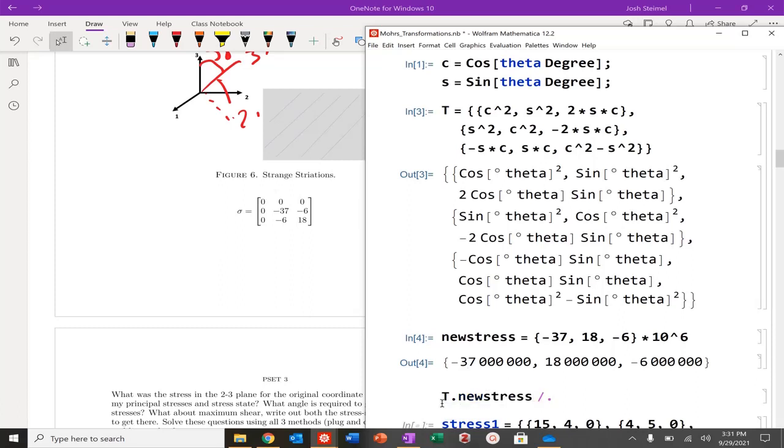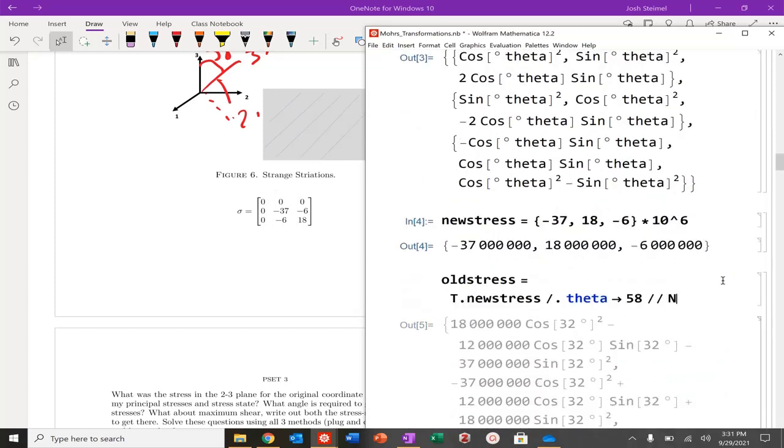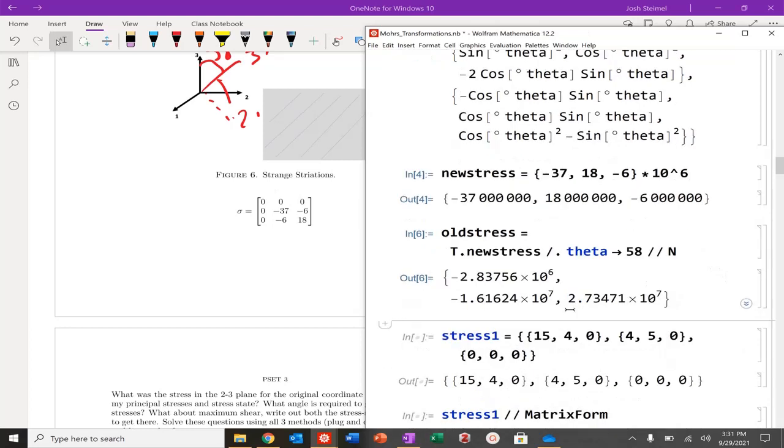My theta is going to go to, we did a 58 clockwise rotation, so now we need to do 58 degrees counterclockwise to get us back into our old stress state. Let's look at this numerically, and voila, we get the following values. So that's my old stress state.